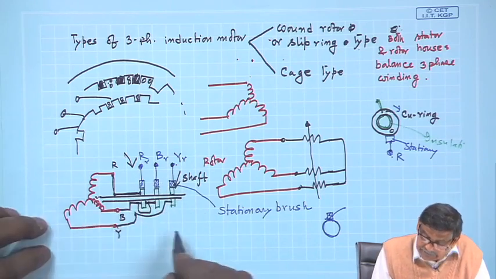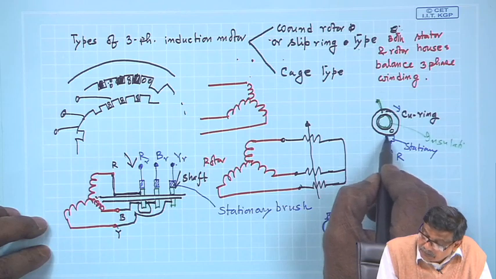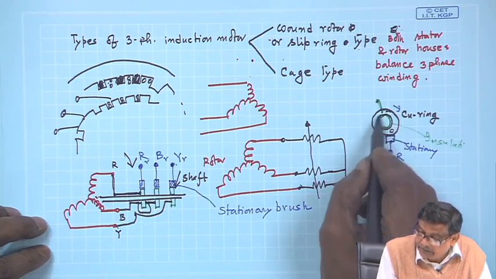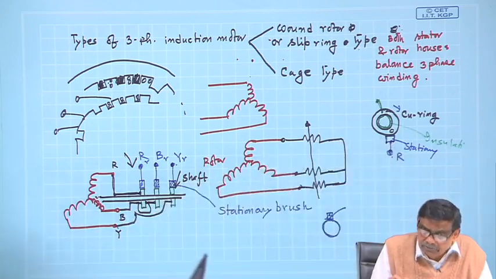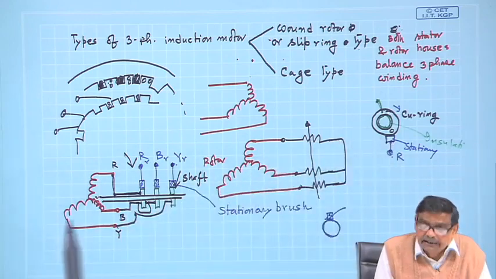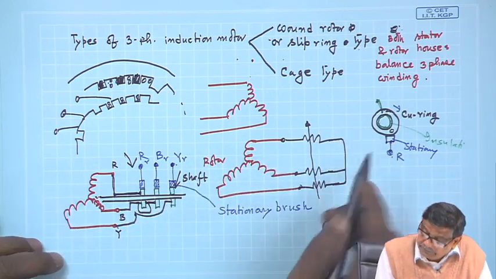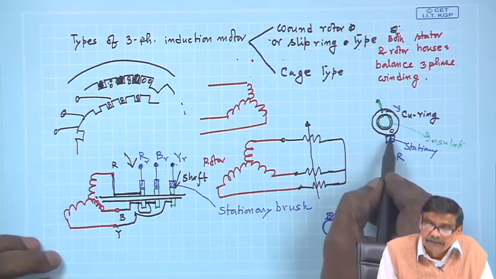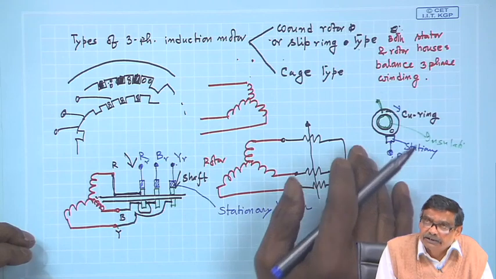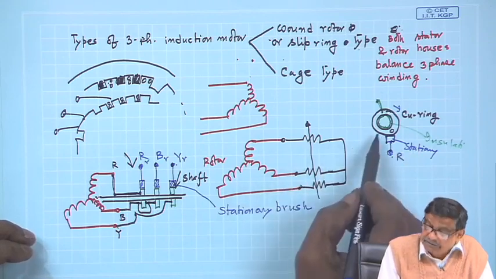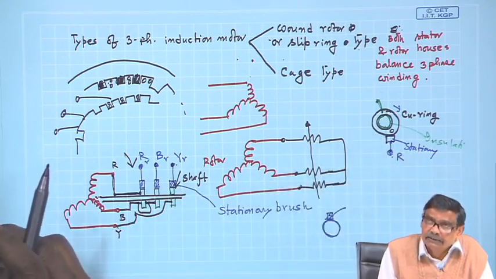The brush is just kept over this copper ring, not with so much tightness, but the contact point is not very loose either, and at the same time it does not obstruct the rotation of the rotor in any case.